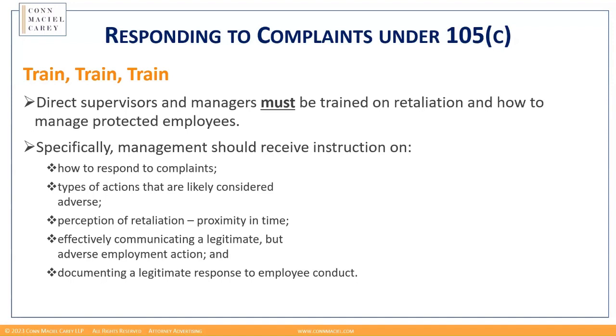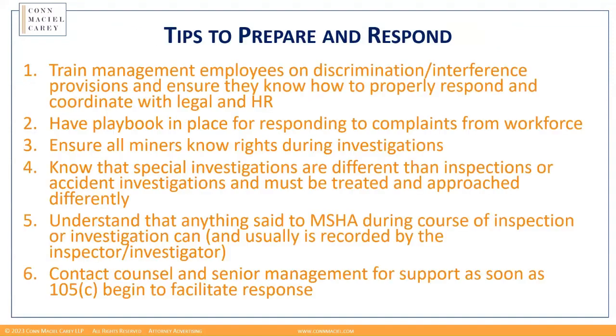They need to be conscious of their decisions. And if they do get complaints of retaliation or interference, they need to effectively be able to communicate that and start helping us break down the appropriate information quickly in that process.